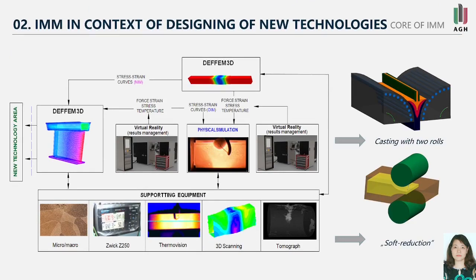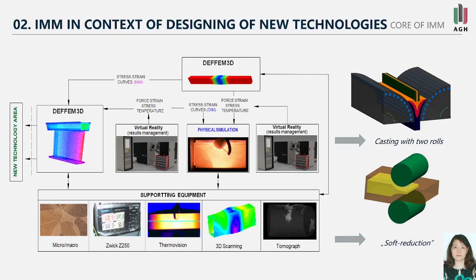It consists of three main layers. The first is dedicated DFM simulation software to support physical simulation. The second layer is the global thermomechanical simulator used to simulate physics. The last layer is the use of 3D scanning or computed tomography and some equipment to analyze results of physical and computer simulation.